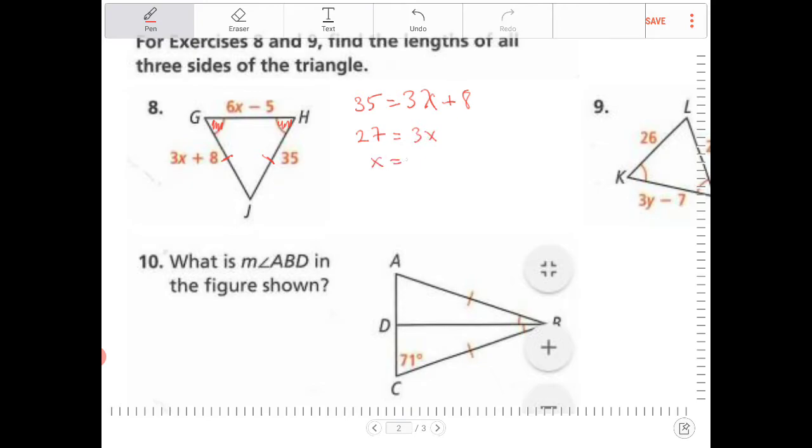Divide by 3, x is equal to 9. And since x is equal to 9, GH is equal to 6 times 9, which is 54. 54 minus 5 is equal to 49. That's 49. This, without any work, is equal to 35.